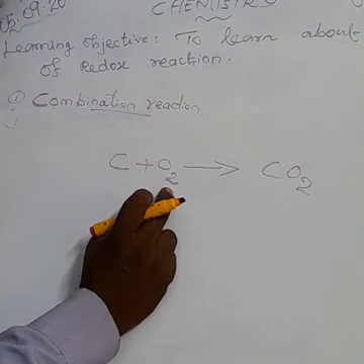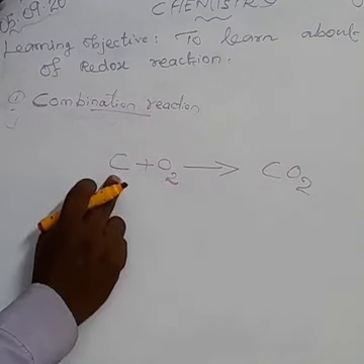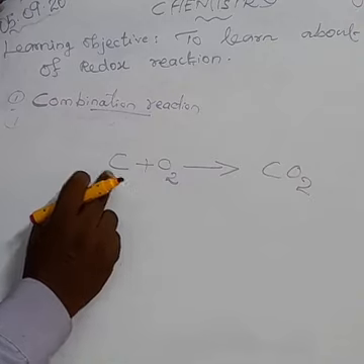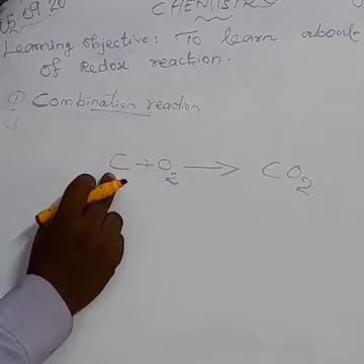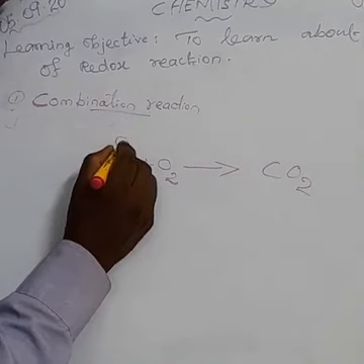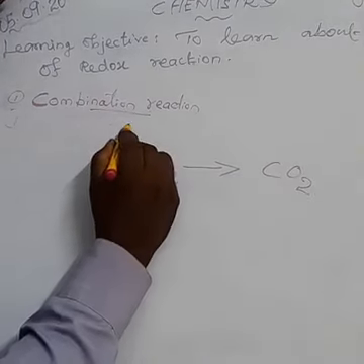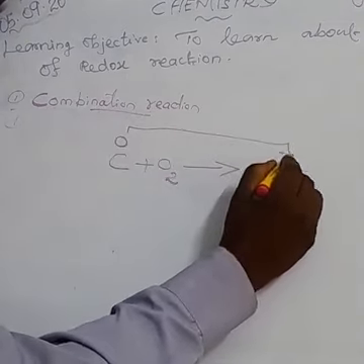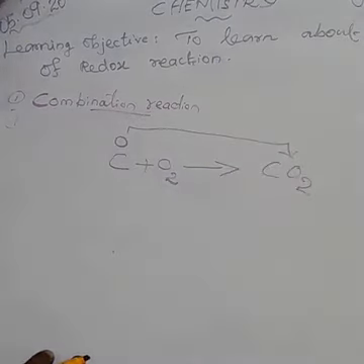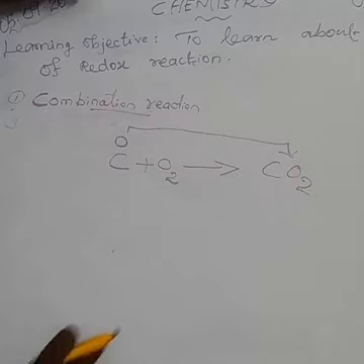So what is the answer? If an element occurs singly, its oxidation state should be 0. Carbon occurs singly, so the oxidation state is 0. What about carbon in carbon dioxide?